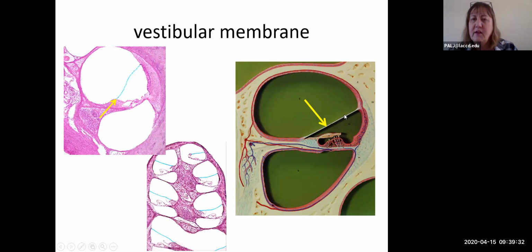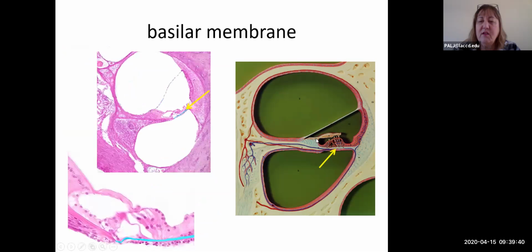Scala vestibuli, vestibular membrane. And then the membrane between the cochlear duct that has that structure sitting on it and the scala tympani is called the basilar membrane. Now notice it's not basement membrane, it's basilar membrane.